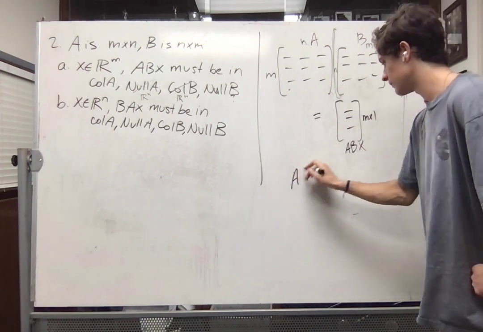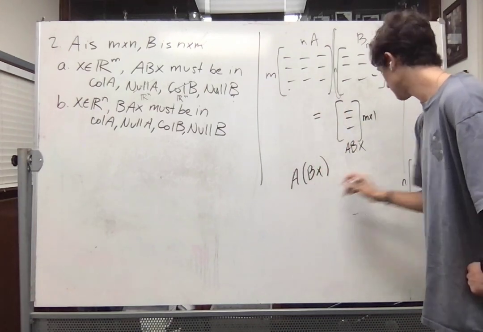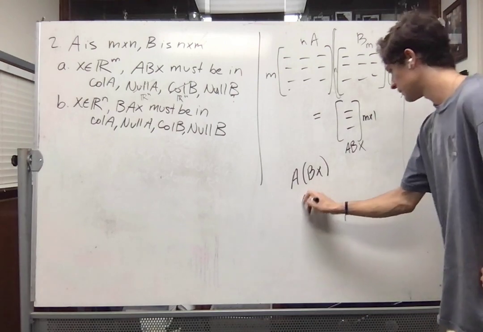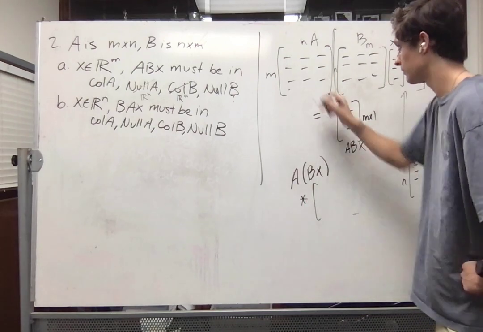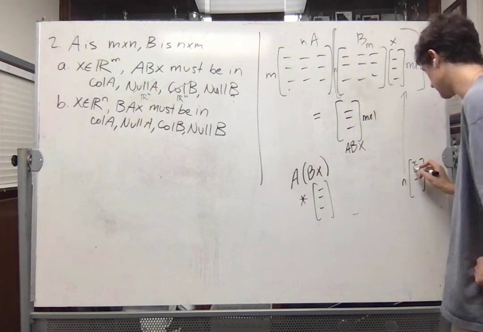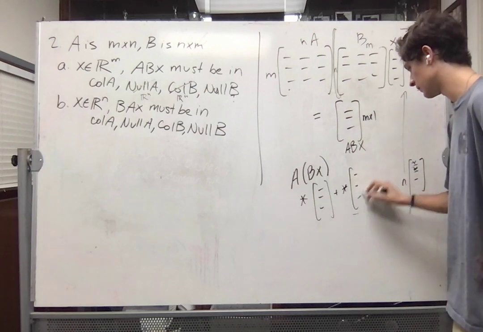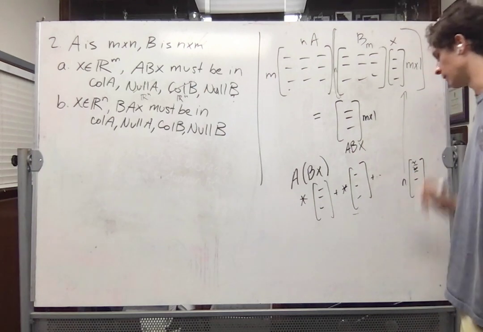So A times Bx is going to be equal to this entry times this column right here, plus this entry times this column right here, and so on.